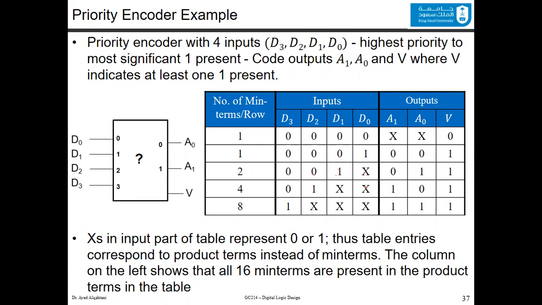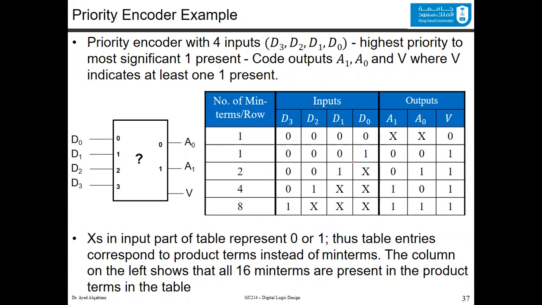Now here we have 2 don't cares, and we have 4 different codes, and the last one we have 3 don't cares, and we have 8 corresponding minterms. So if you expand those rows, you will start from 0, 0, 0, 0, and you will end up with 1, 1, 1, 1, which will have 16 full rows.